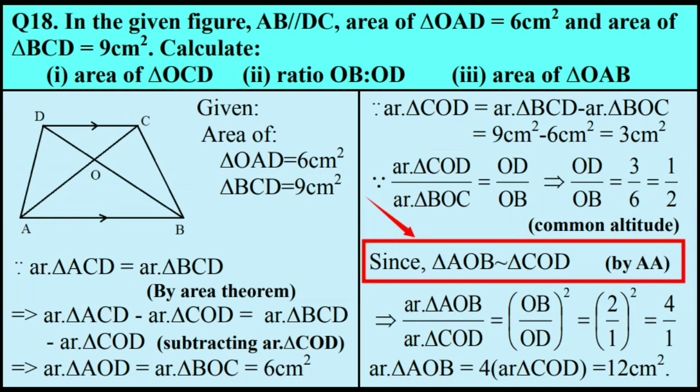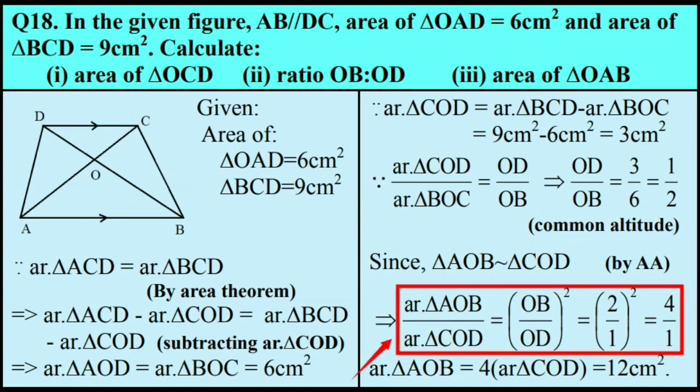In the next step, the triangle AOB is similar to triangle COD by angle-angle postulate, and the process is to be shown here for this similarity. The next step is the ratio of the area of these two similar triangles, triangle AOB and triangle COD, is equal to their corresponding sides ratios whole square, that is OB by OD whole square, and the value of OB by OD is 2 by 1.